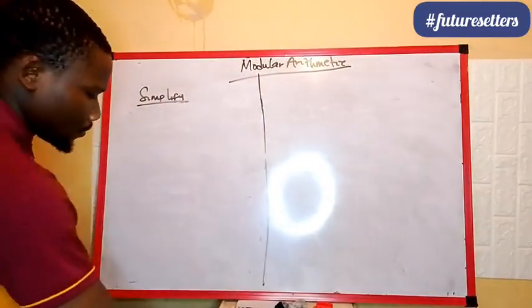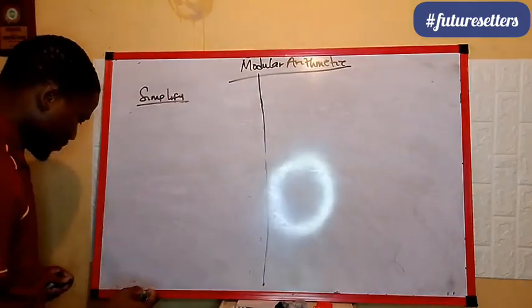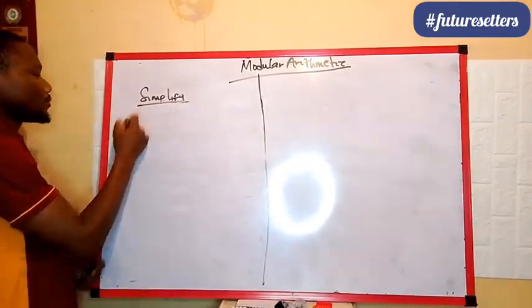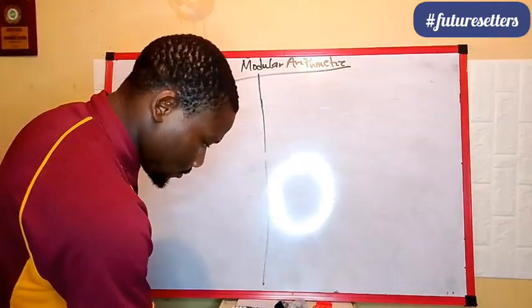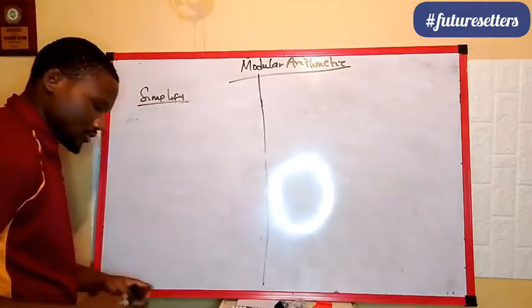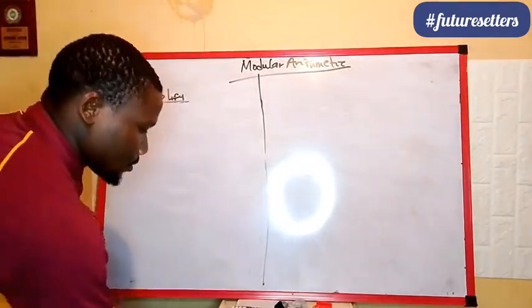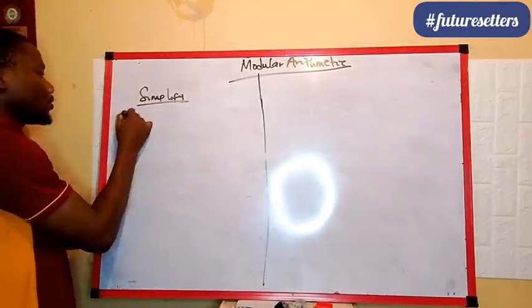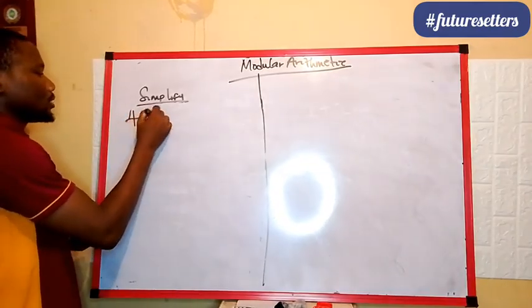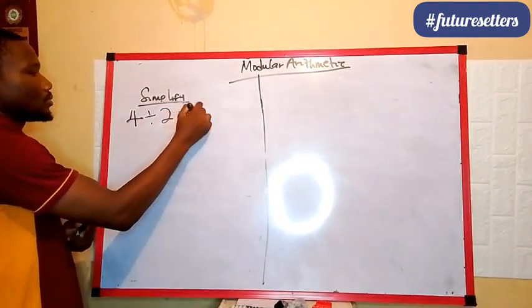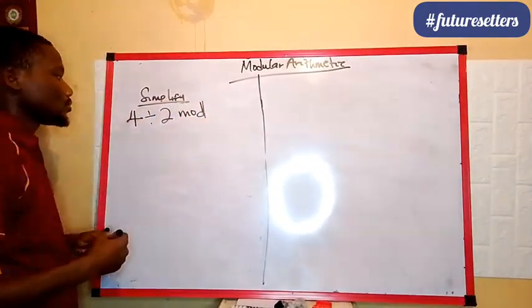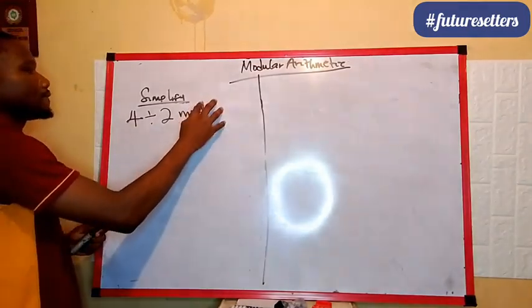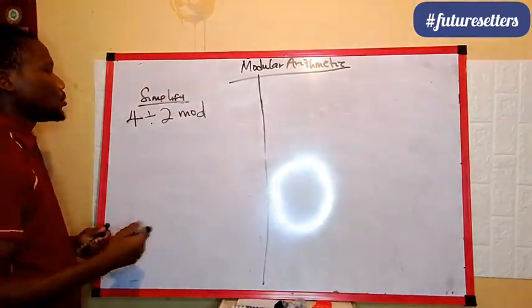It's very simple. Let's check out some questions together. For example, we have 4 divided by 2 mod 2.